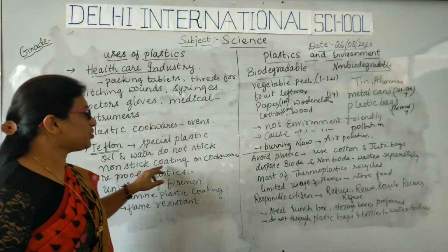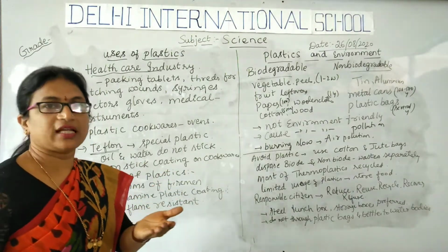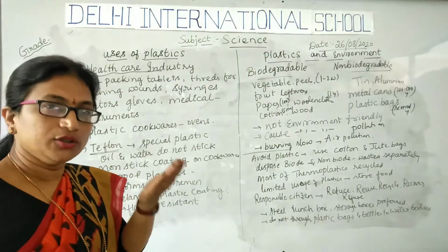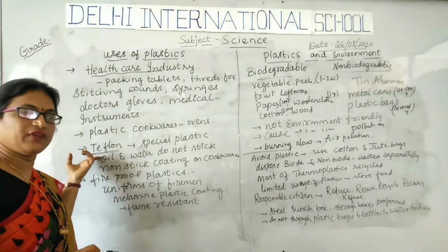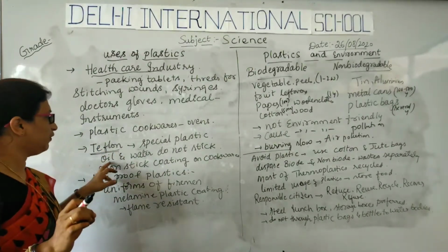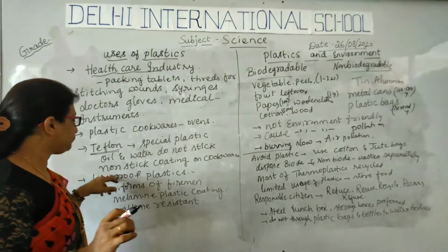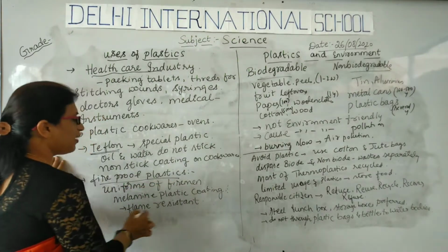This is called non-stick cookware, such as a non-stick dosa tawa or a paddu tawa. It is made of Teflon, which does not let oil and water stick on the cookware. And then there is another special type of plastic called melamine.